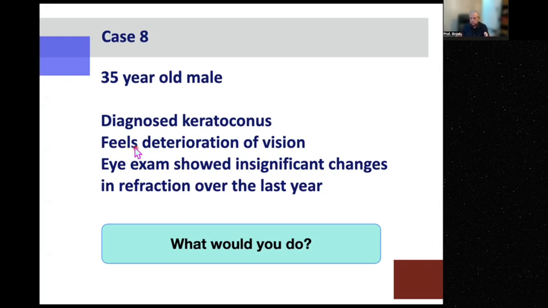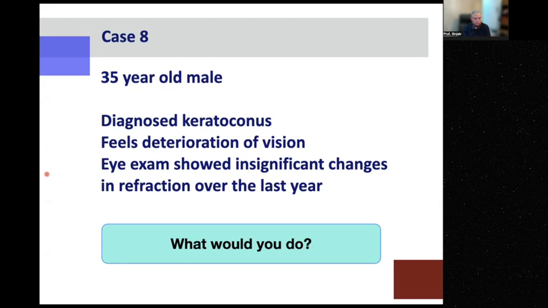Because it is not written on a stone that keratoconus will not progress after the age of 30. Since there is documentation of progression, do cross-linking, even at this age.